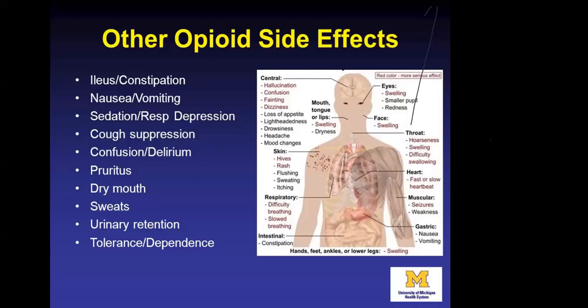Those ones you're going to look up yourselves. So some of them will give you urinary retention, like intrathecal morphine, and then a potential for dependence and tolerance. Then significant respiratory depression in almost all the patients.